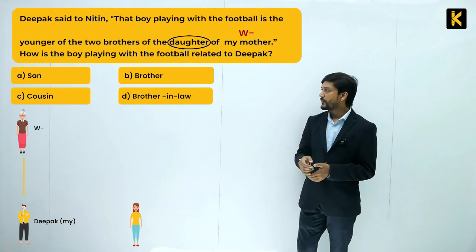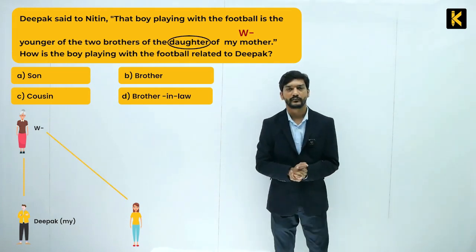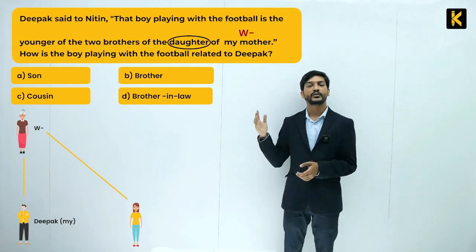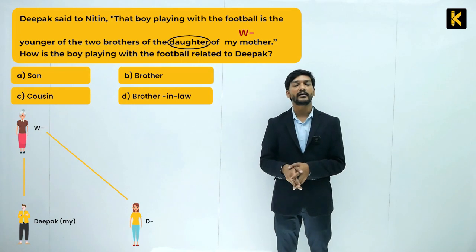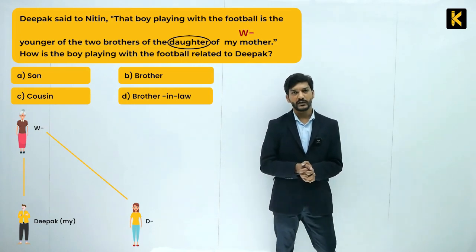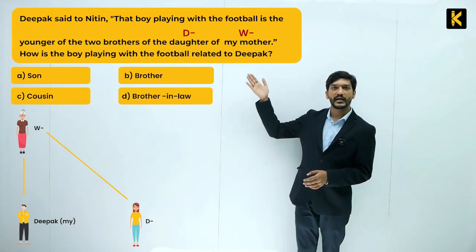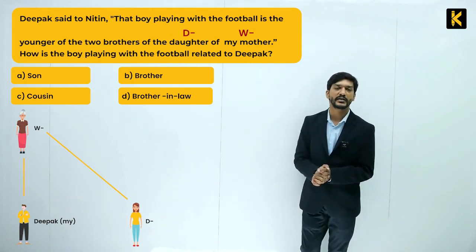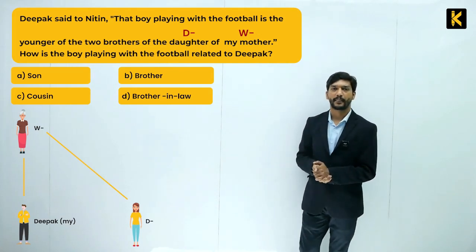And daughter is a direct relation, so a single line will be drawn. So let me show that relation. So daughter I am representing by D minus. Okay. So D minus is the daughter, and let me show it in the statement as well. The daughter is represented by D minus in the diagram.